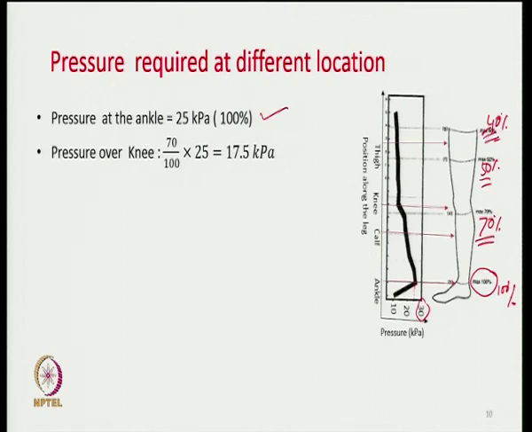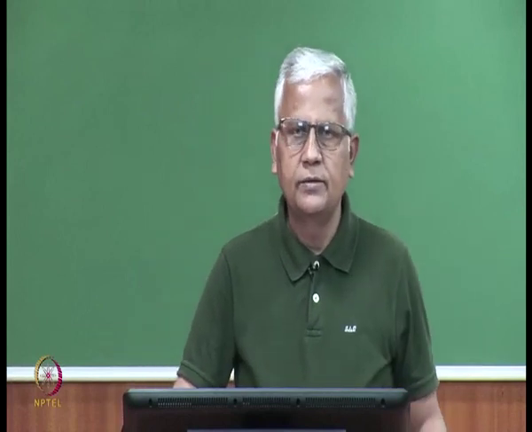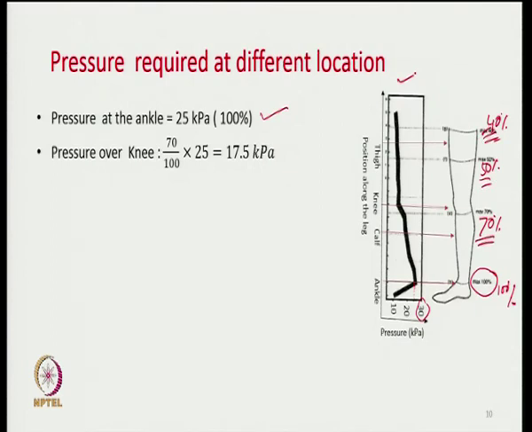Then the pressure should gradually reduce. So, what do we need? A graduated pressure requirement, not that the pressure should be uniform from ankle to the thigh. At the ankle, maximum pressure is required, and as we go up, the pressure requirement will gradually reduce. That is as per this diagram.